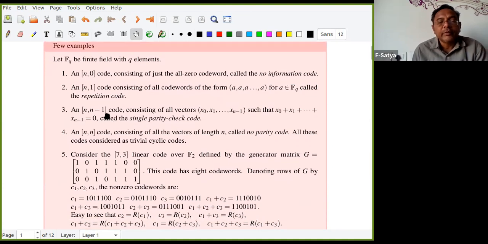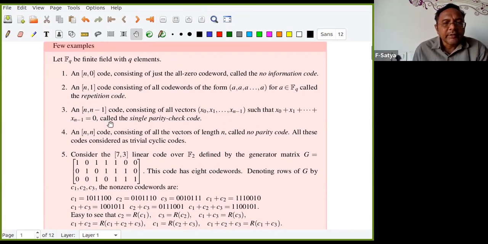Now the (n, n-1) code. This is actually the parity check code. You remember that maybe, right? The sum of all the entries is equal to 0. Why is it n minus 1 dimension?